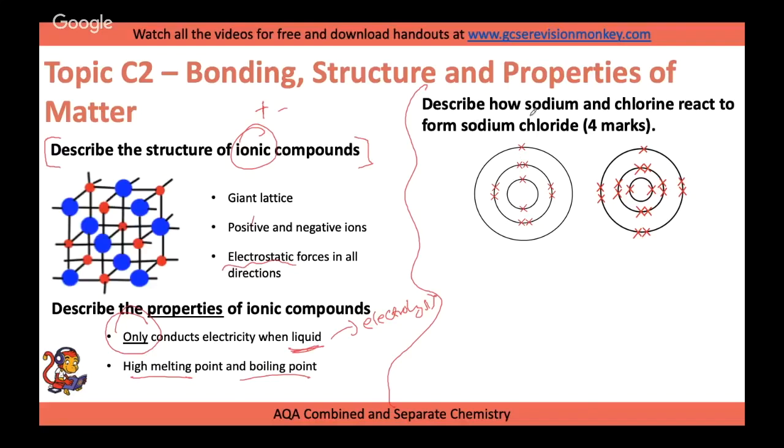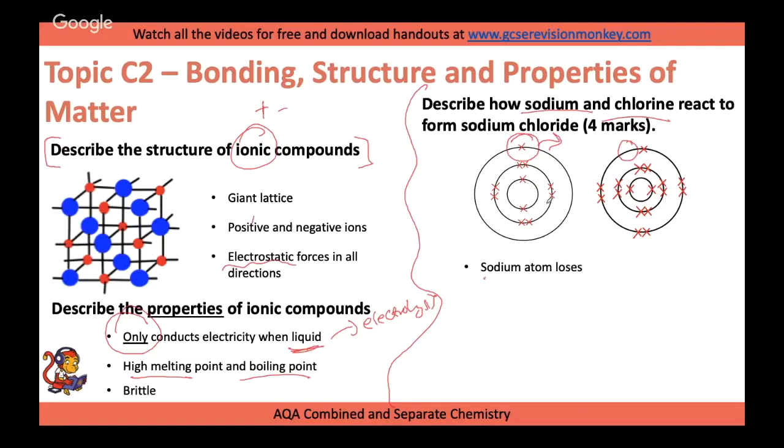It will say, describe how sodium and chlorine react to form sodium chloride. And you need to recognize that it's a metal and a non-metal, so it's going to be ionic bonding. So in this case, sodium has 1 electron in its outer shell that it wants to lose, and chlorine has 1 space in its outer shell that it needs to gain the electron. So many people lose easy marks here, so bullet point it and make it really clear.